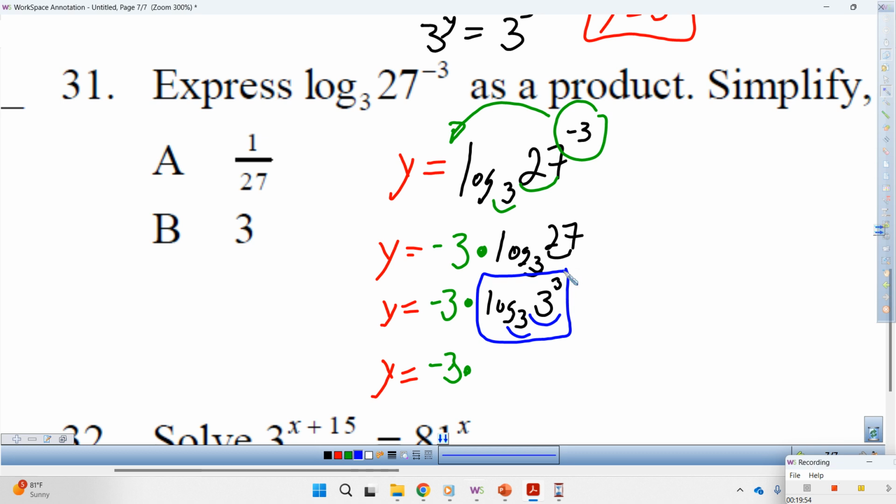Sammy? If the log has the same base as the given number, the answer for this portion is the exponent on the given number, which is 3.